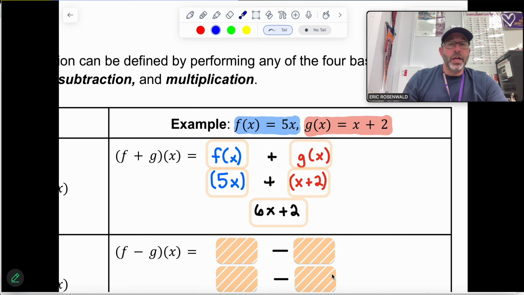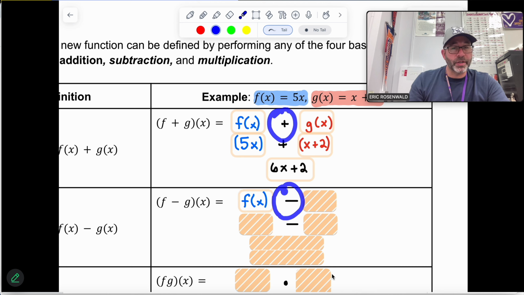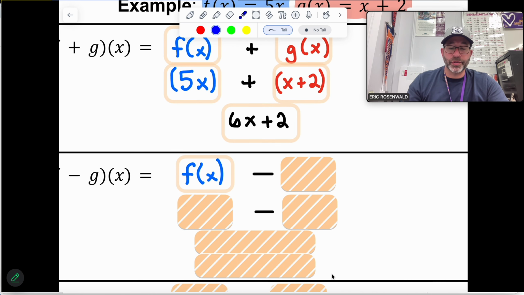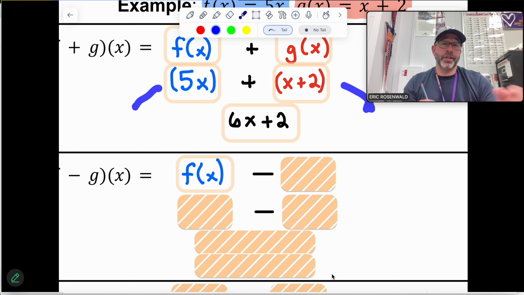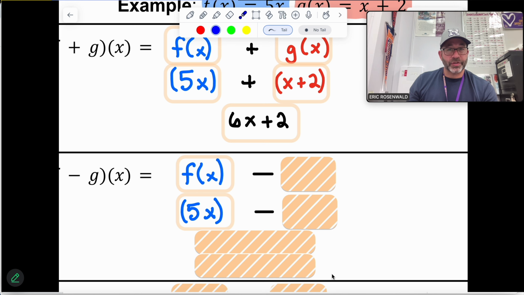If we do subtraction, it's the exact same process. The difference is that instead of a plus in the middle, we're going to have a minus in the middle. Now, this is really important: you'll notice I used parentheses right here, and I used parentheses right here. In addition, it doesn't actually make a difference because adding will never change anything. But in the subtraction problem, the parentheses really make a difference. Let's see what happens. If I take the f of x and put it down below, we still get this 5x.